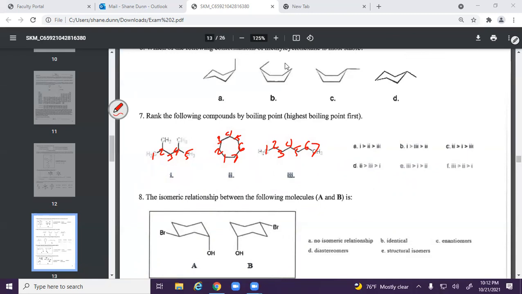More carbons makes you higher boiling point, right? Okay. So which one? 2 or 3? Being cyclo, having a ring, makes you have a higher boiling point than your counterpart. So 2, 2, 3, then 1. So it would be D.